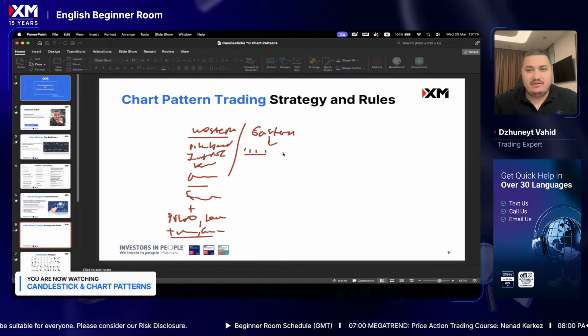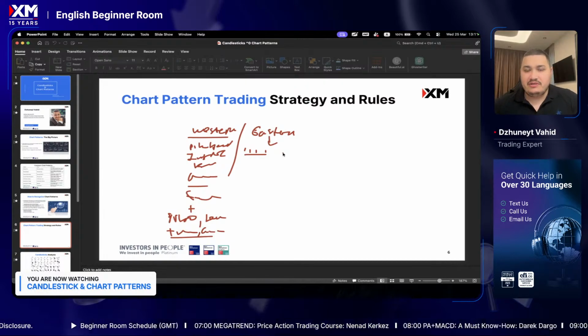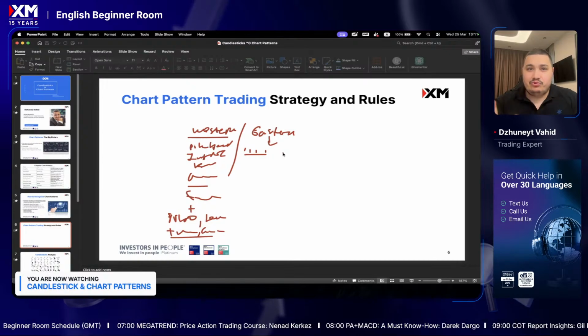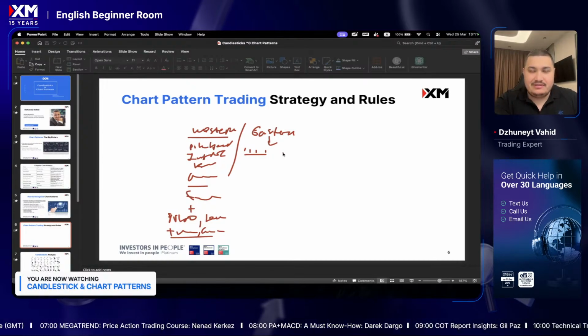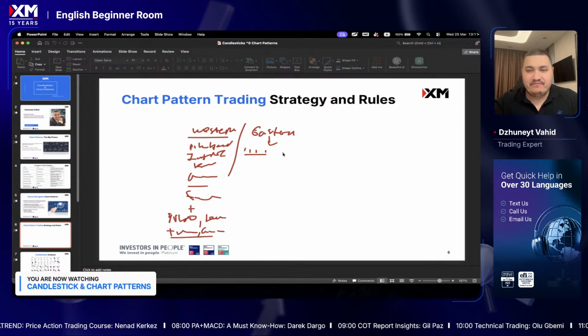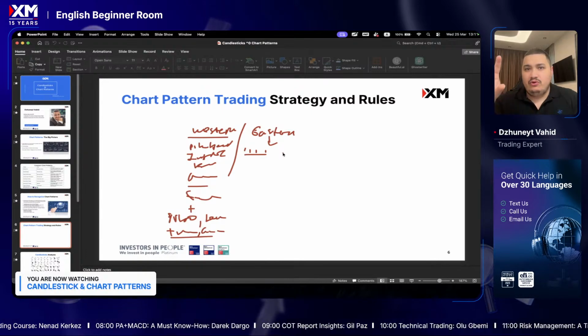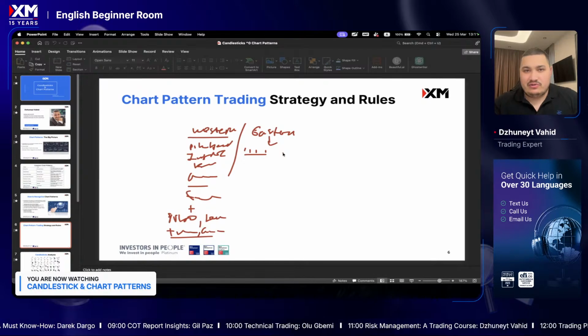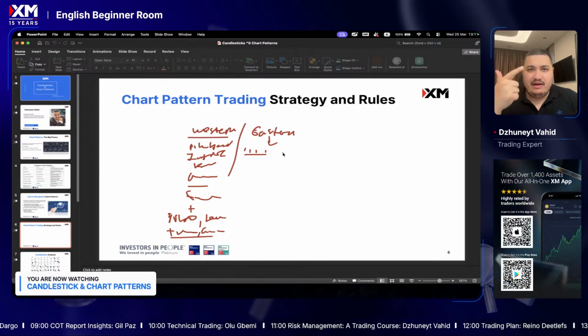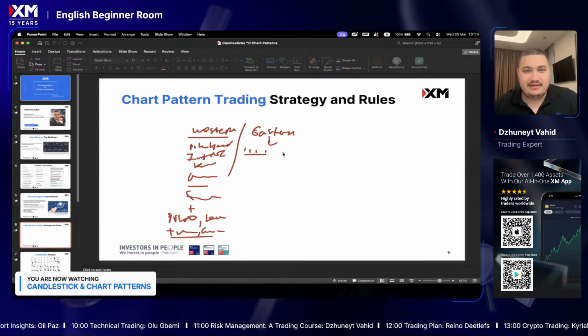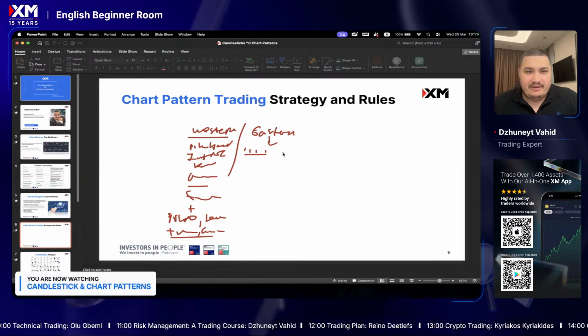You manage the position. If price goes against you, what you do. If price goes in your direction, what you do. That helps you to eliminate the emotions, the stress, the fear, the greed, and you just focus solely on your strongest part. That is what you educated yourself for: generating ideas, risk profiling, managing the position, and exiting successfully.